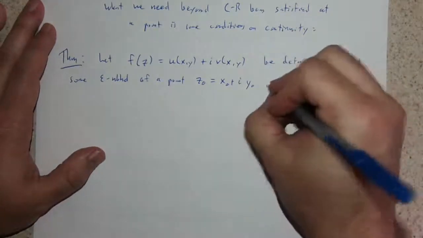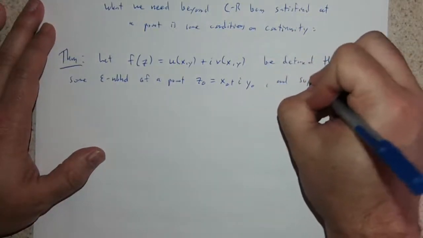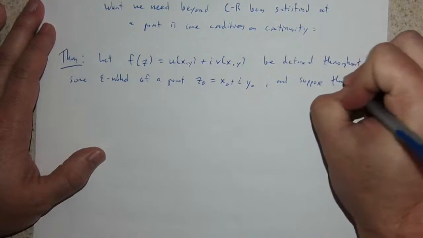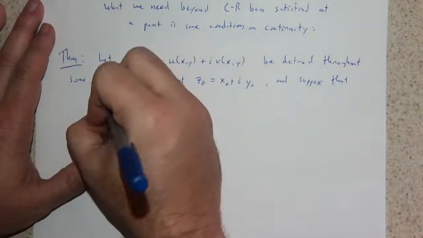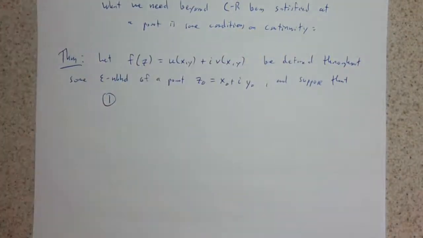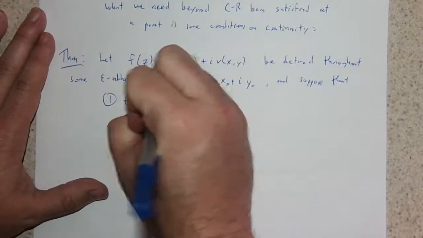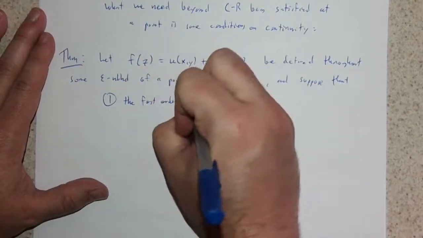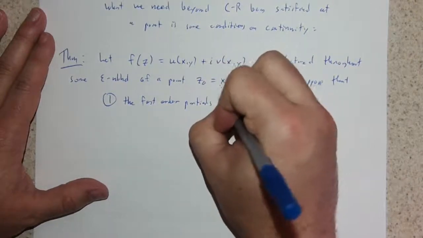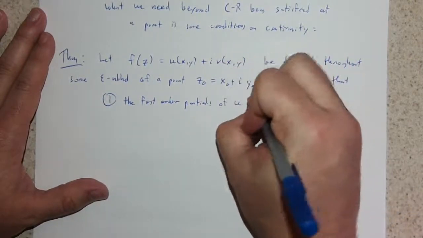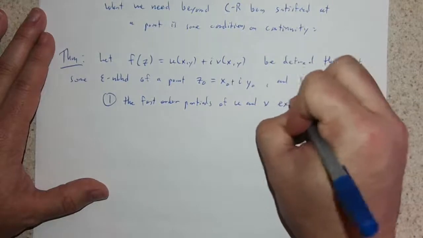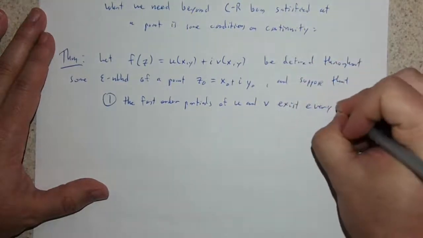Okay, and suppose that firstly, the first order partial derivatives of u and v with respect to x and y exist everywhere in the neighborhood.